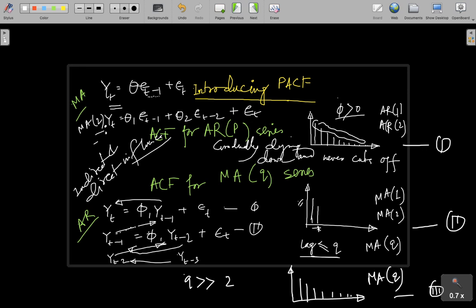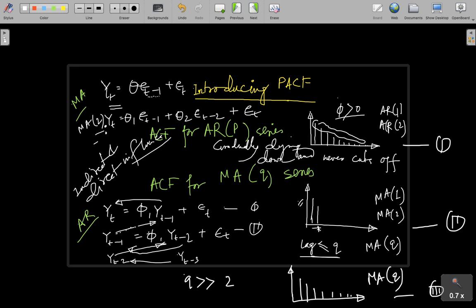But now here, note one point. Of course, we know the principle of invertibility when we use AR1 series with respect to MA infinity series. But we'll not get into that. Suppose, let's say we are just taking order of 5 or 10, and then we will not be able to distinguish if it is a AR1 series or a MAQ series.